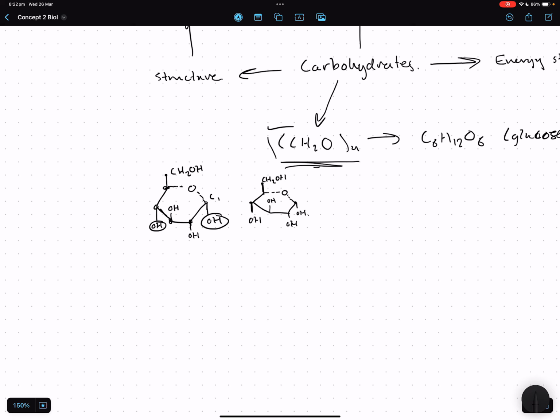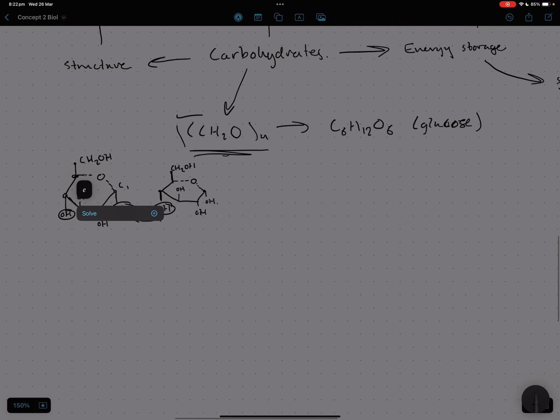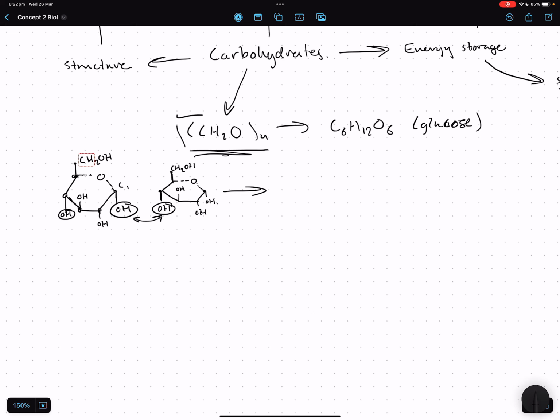Okay, now these two bonds, there's a nice linkage that forms between these. These are monosaccharides, that's the word we use for sugar. So 2 times monosaccharide and we get a disaccharide.